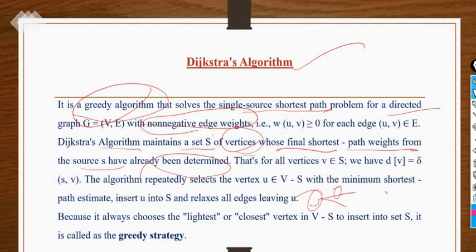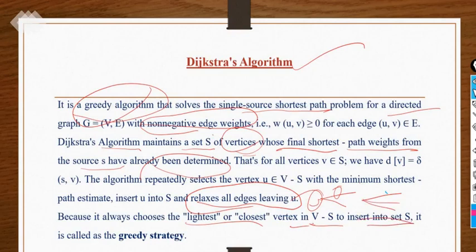That is because we are doing relaxation on the edge when we are leaving the previous vertex, right? It also chooses the lightest or closest vertex, which is why we always look at the adjacent vertices, right?